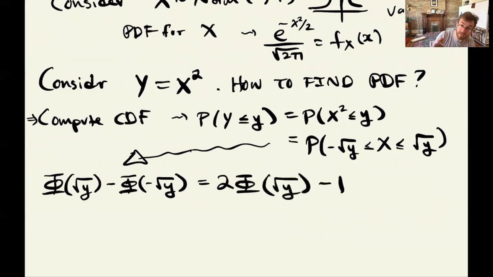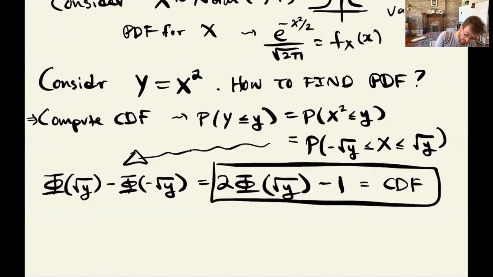This is just an argument specific to the normal distribution. You can't do this for just any random variable, but you can do it for the normal. And now that we've found the CDF, we can differentiate it.